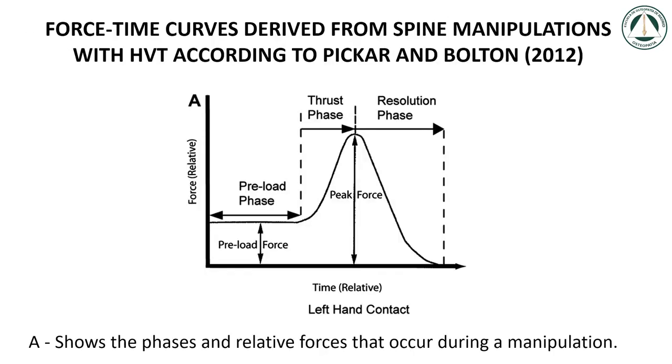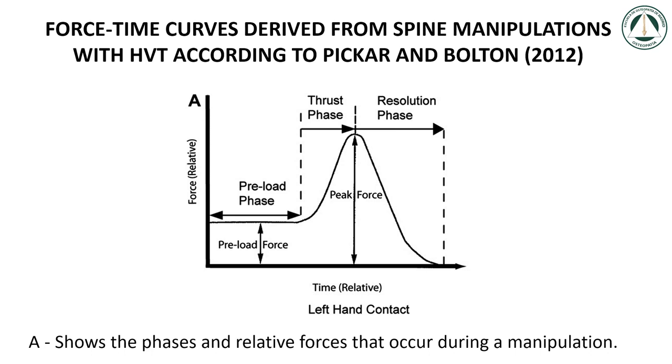According to Pickar and Bolton, 2012, force time profiles may be characterized by a preload phase, a thrust phase which rapidly rises to a peak force, and a resolution phase. The characteristics of these profiles appear to vary, depending upon region of the vertebral column to which they are applied.